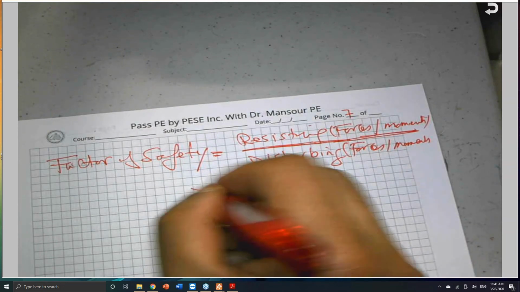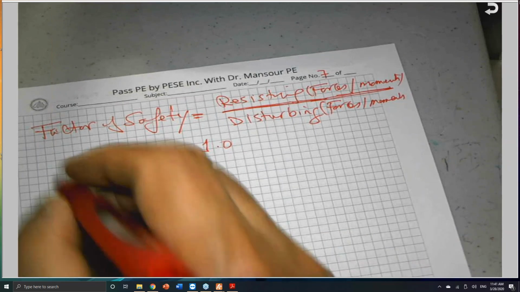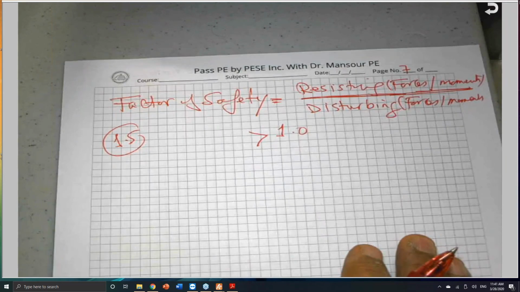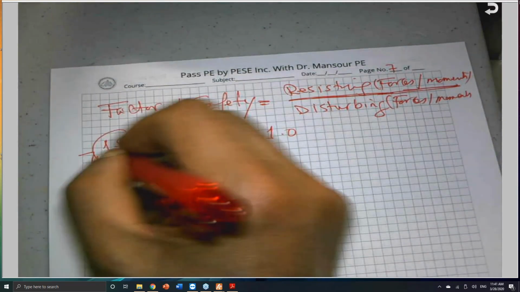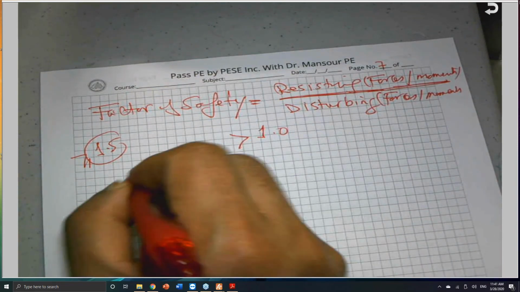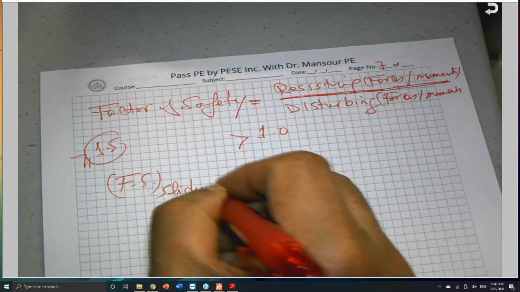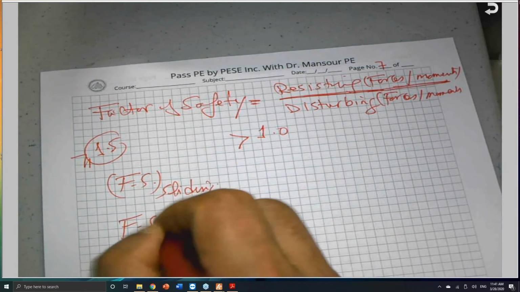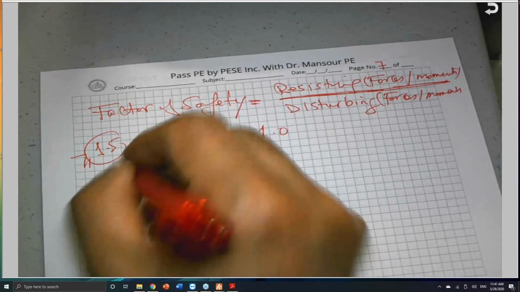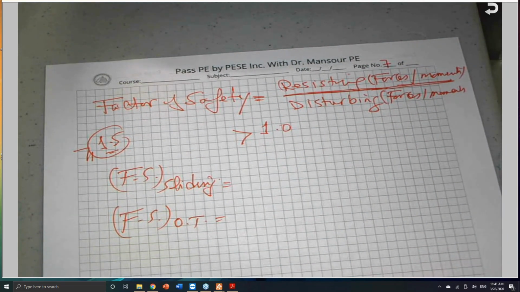And this factor of safety must be greater than 1. The IBC code right now is asking for 1.5 as a minimum factor of safety under a static load. So the factor of safety must be greater than or equal to 1.5 for overturning and for sliding. So we need to be aware of that.